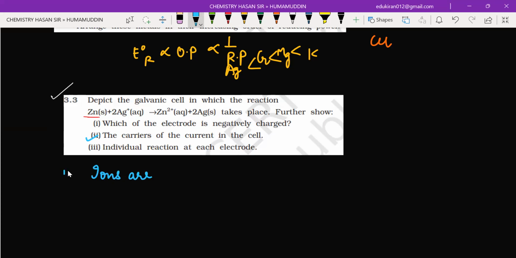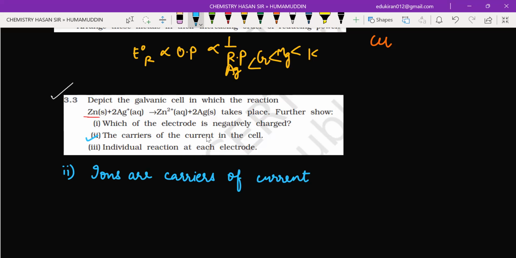This is the answer for the second question. Are you getting my point? Yes, sir. In metals, free electrons are there due to which conduction of electric current takes place. But here ions are the carriers of electric current. Okay.